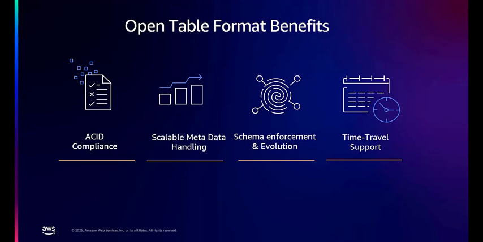And I think we kind of covered some of these open table format benefits. As I said, it gives you the RDBMS capability like ACID compliance. It's scalable, right? And there's scalable metadata handling. We'll talk more about each of these aspects. Another one is schema enforcement and evolution. Schema evolution is like, you have a table with 5 columns today and you added a sixth column, right?